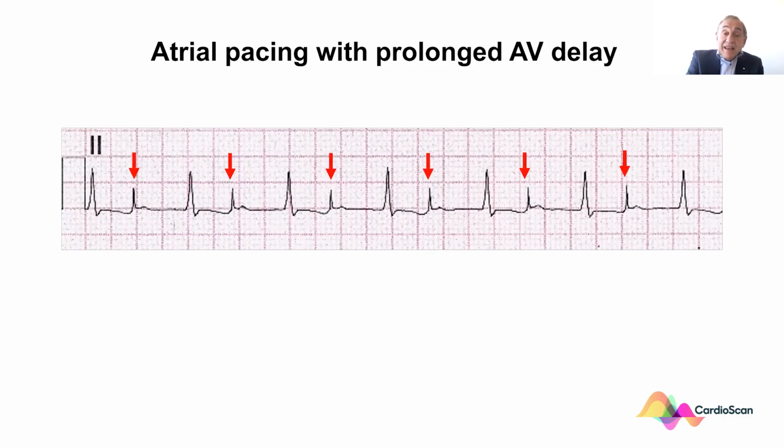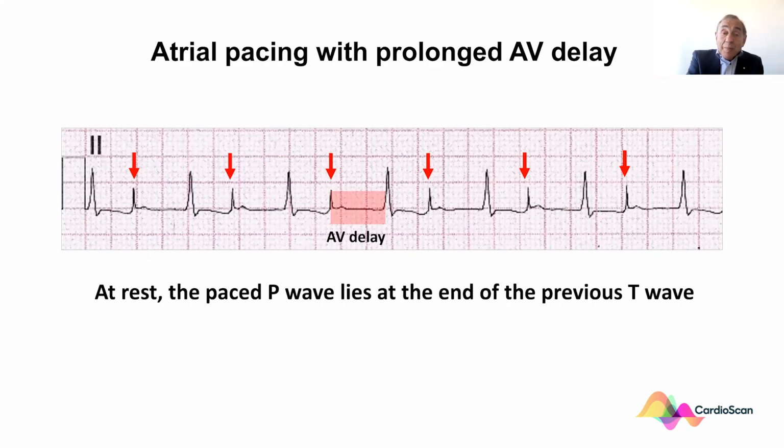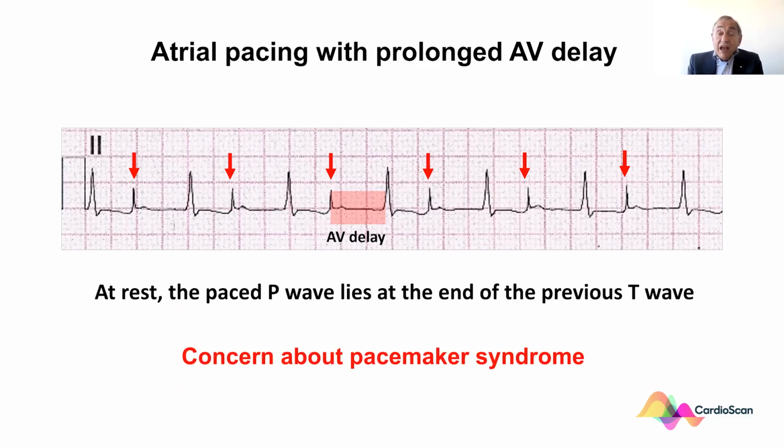What this means is that with a long AV delay, at rest, the paced P wave lies at the end of the previous T wave. And in that way, the atrium will contract at the time when it is still ventricular systole, although at the end of it, and therefore the atrium contracts against closed AV valves, the mitral and tricuspid valve. This gives rise to a syndrome known as pacemaker syndrome and can be very symptomatic.